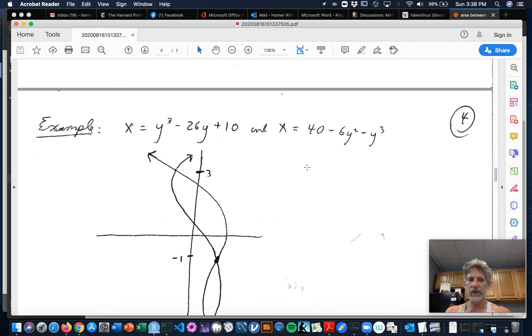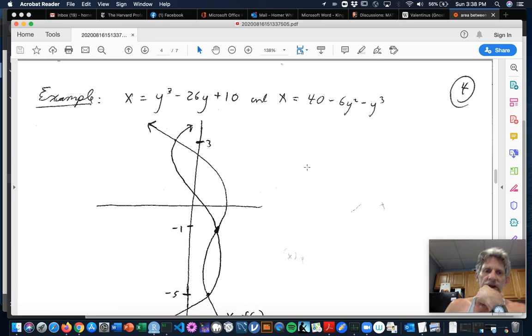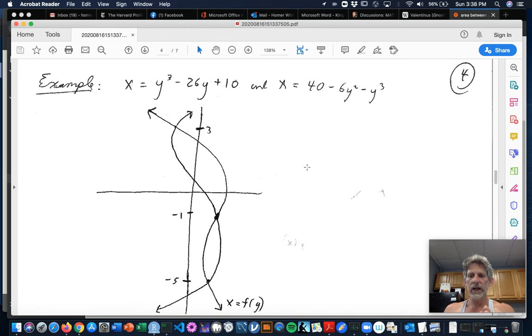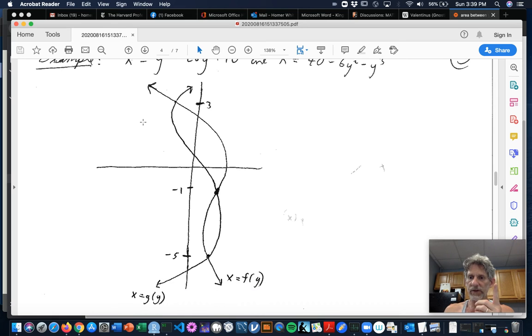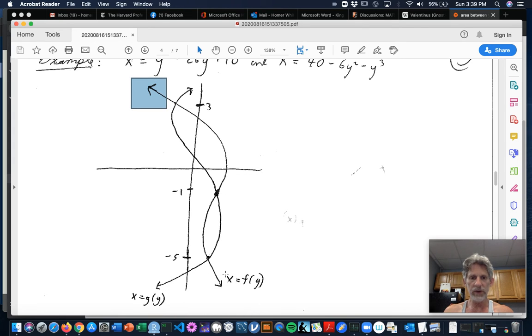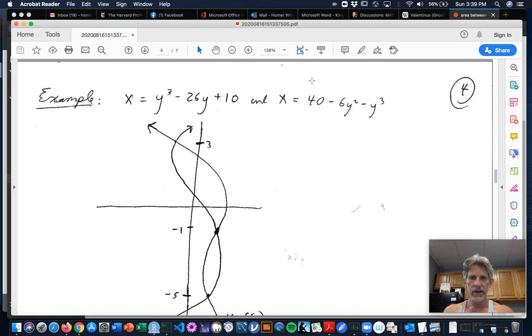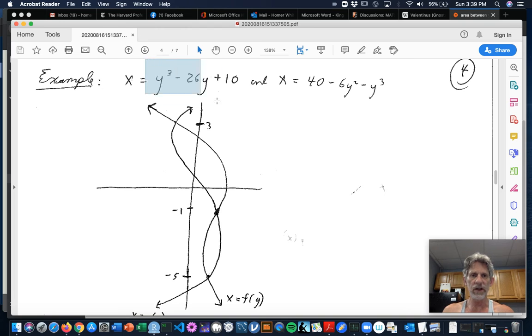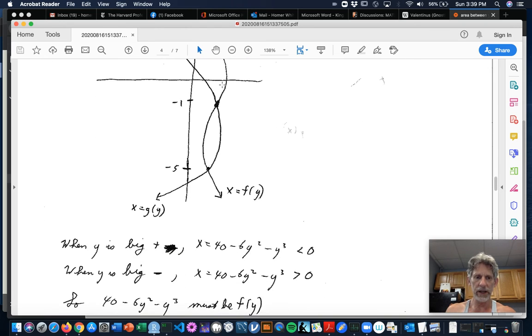And so x would be positive. So which of these two curves is negative x when you're high and positive x when you're low? That would be this curve here, going down, and oh, it's the f. So the f is the 40 minus the 6 squared minus y cubed, and the g is this other one here.